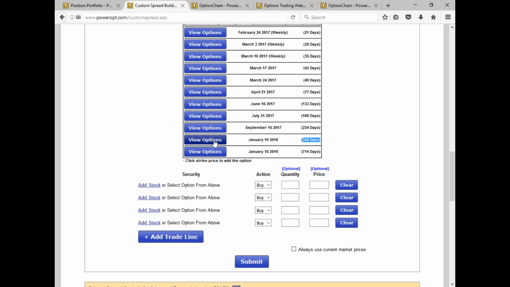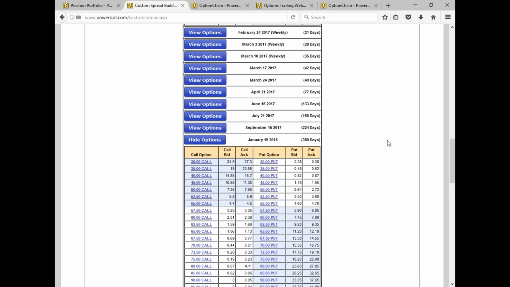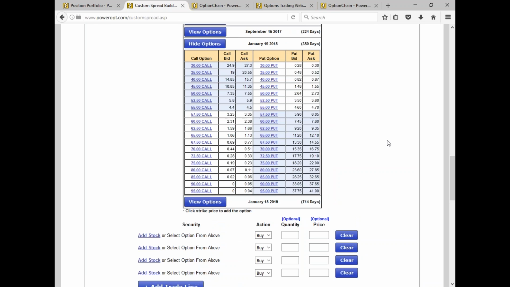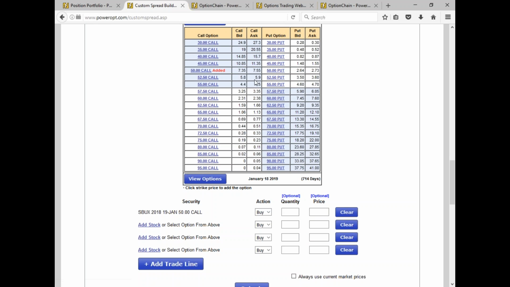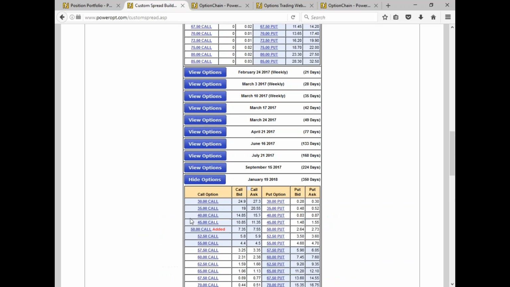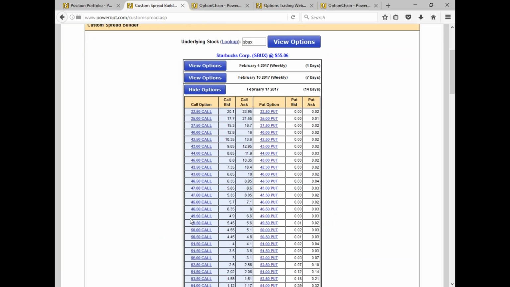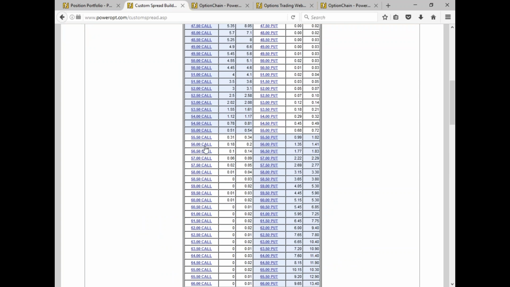let's use your leap. We're going to take a January, and I'm going to go about 10% in the money. I'm going to buy a 50-strike leap call, and we're going to buy it at 7.45. It's the midpoint there. We got a 7.35 bid, 7.35 ask. Okay, so we'll buy one at 7.45. Now, at the same time, we're going to sell a near-term 56.